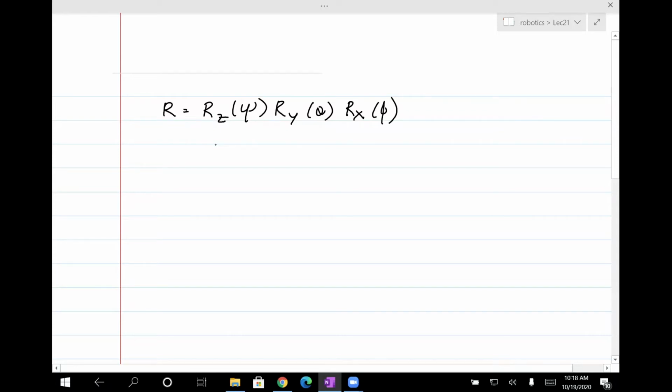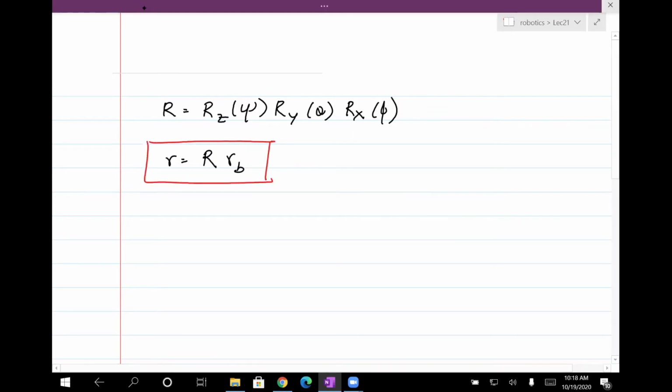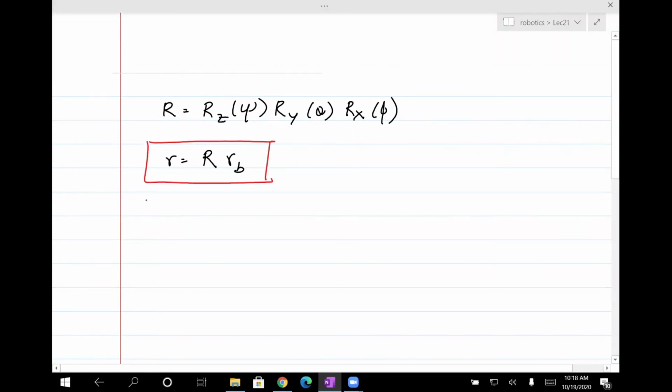So first of all, let me write this. R equals R times R P. This is the general formula I derived, where RB is the position in body frame.